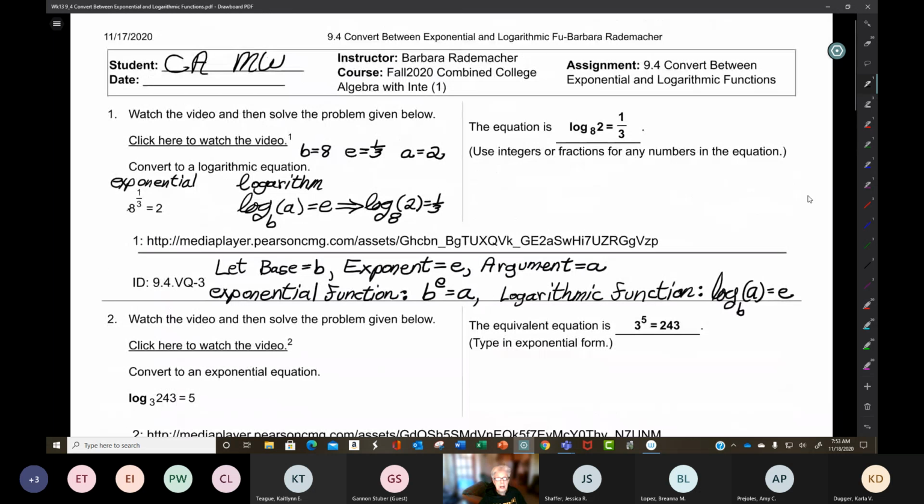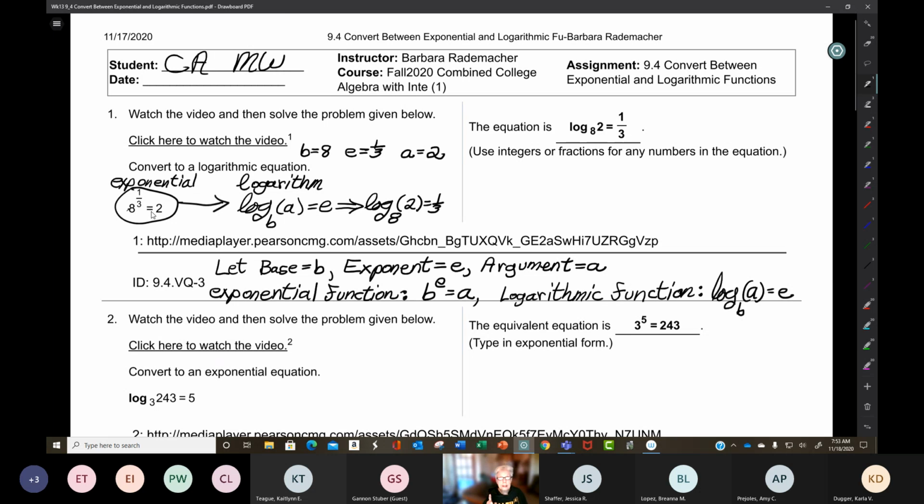Up here, I wrote everything out the first time. We're being asked to convert this to that.